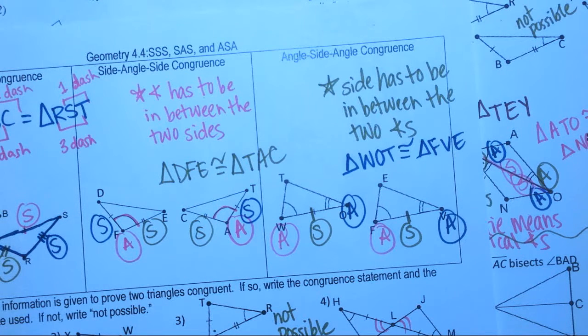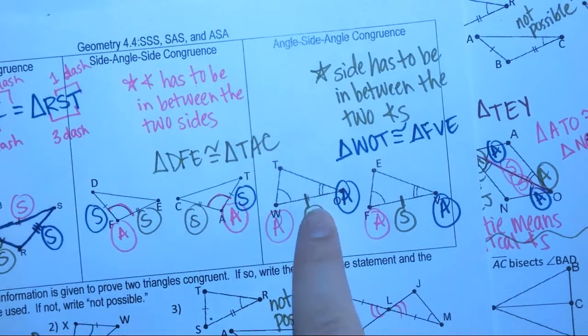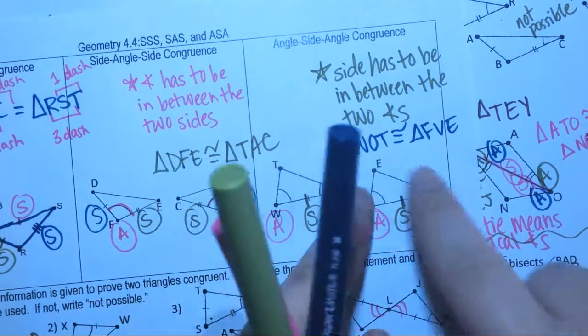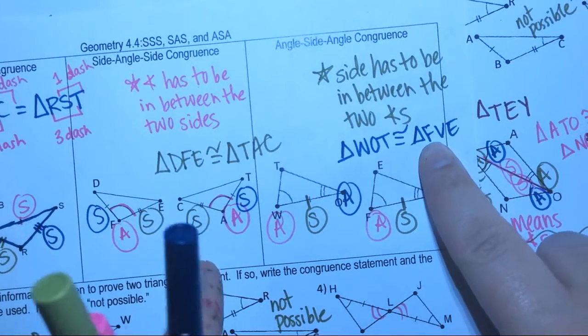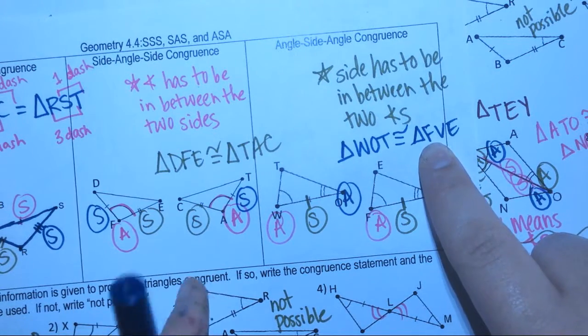But, again, you're very smart. If I wrote WO, you know that goes with FV. So if I wrote WO, I think you know to write FV, even if you can't see the colors. I still think you can do that.